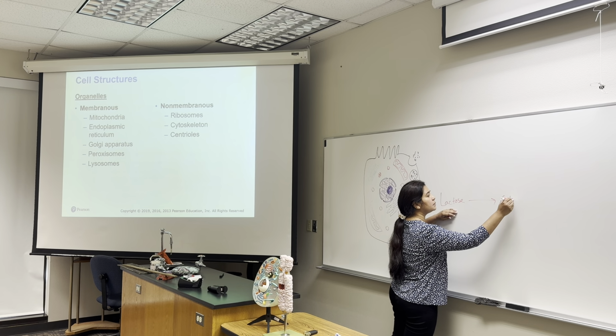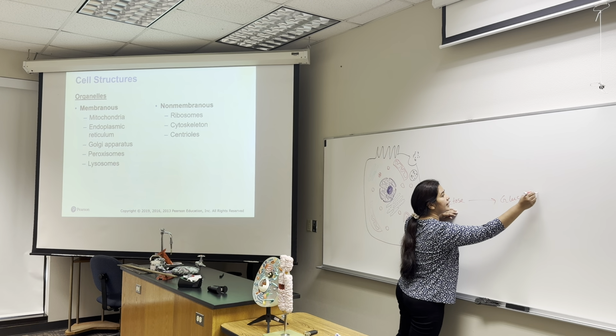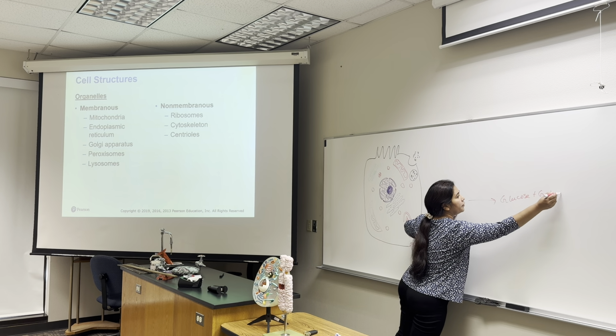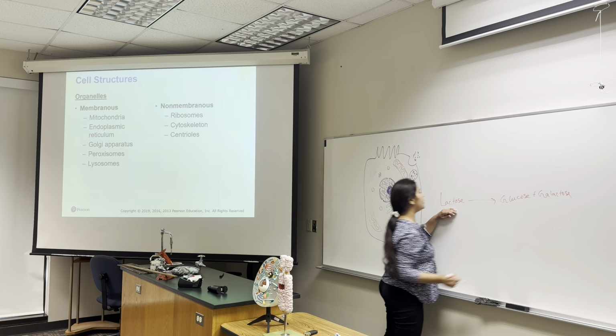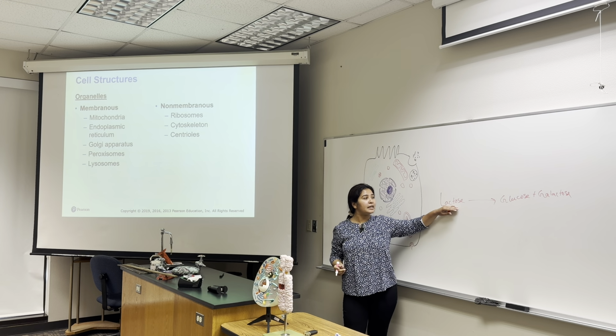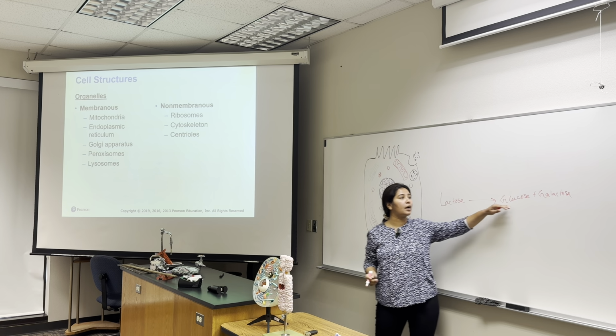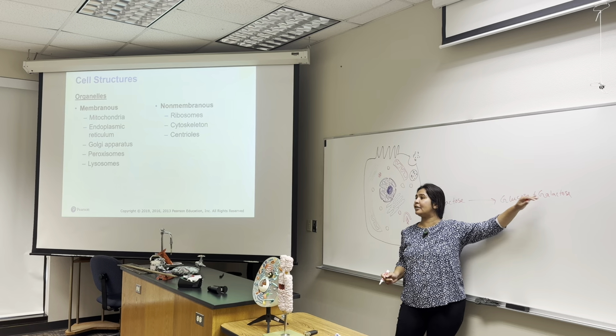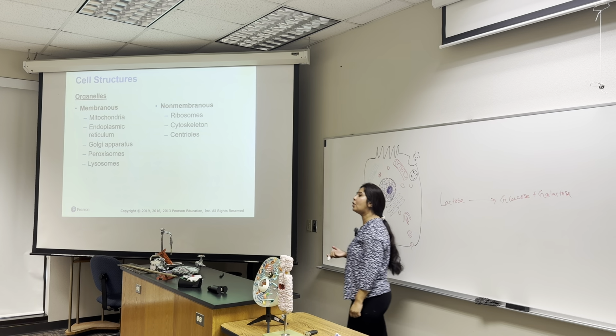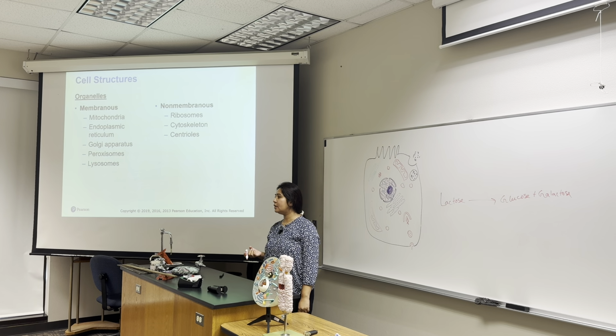Glucose and galactose, right? Glucose and galactose. Now you cannot absorb lactose like that. You have to digest it to what? Glucose and galactose to be able to absorb it so that your body can use it, right?